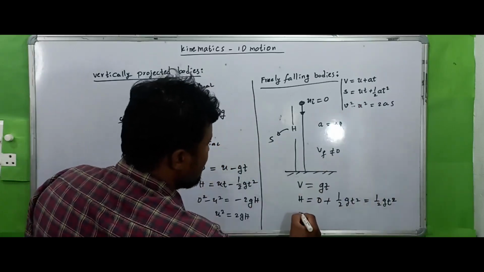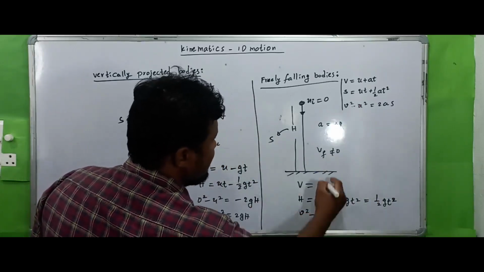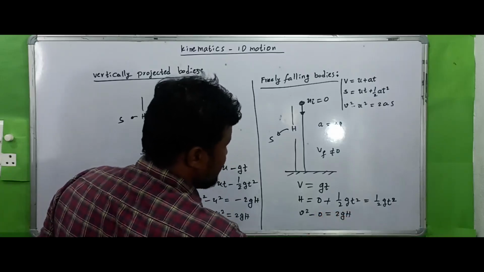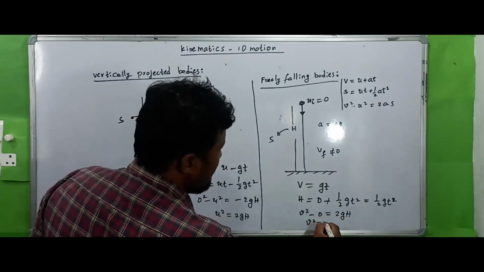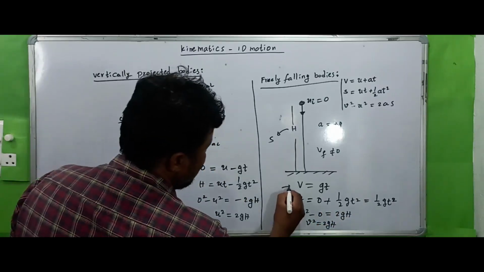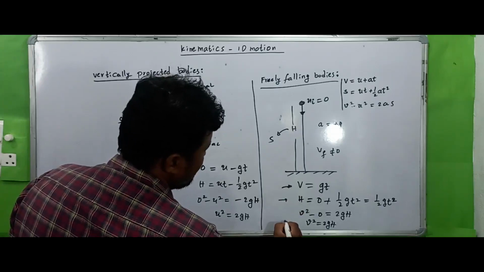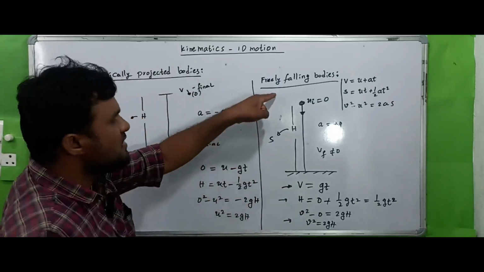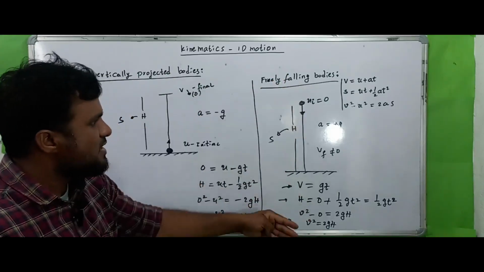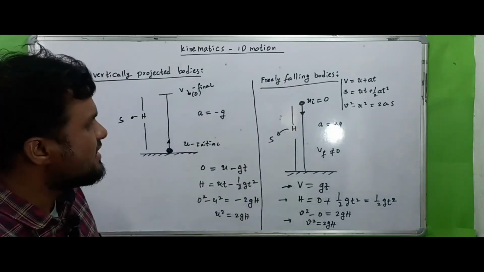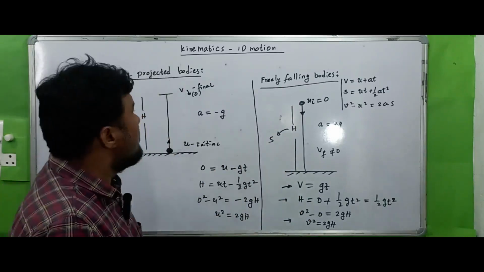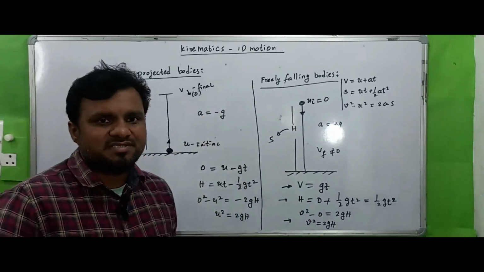And for the third equation, v square minus initial velocity 0 is equal to 2gh, or v square is equal to 2gh. This is how to write the kinematic equations if your body is moving under free fall, that is, motion under gravity. These are the equations.